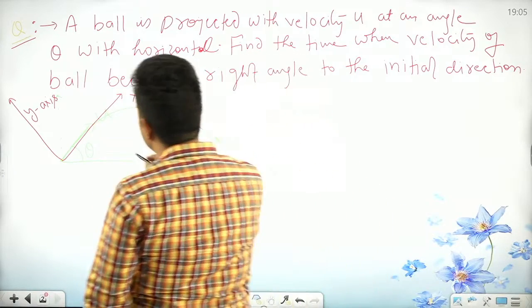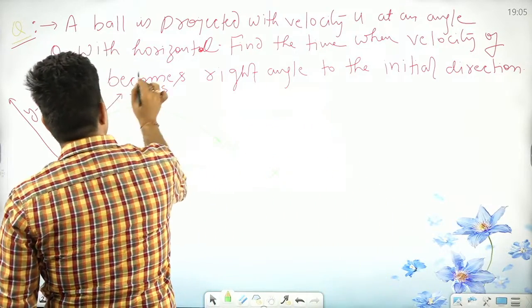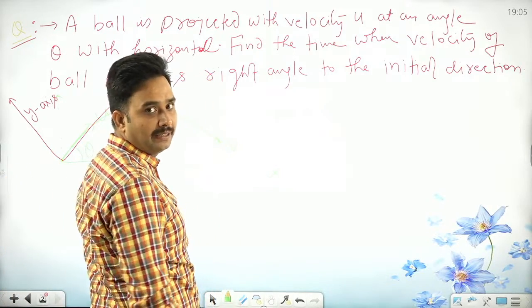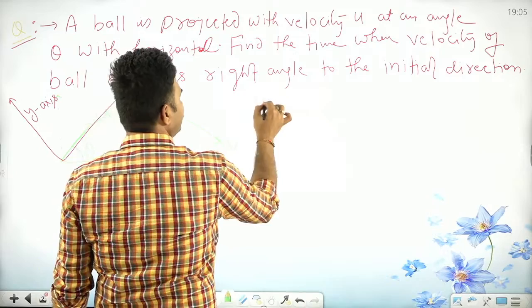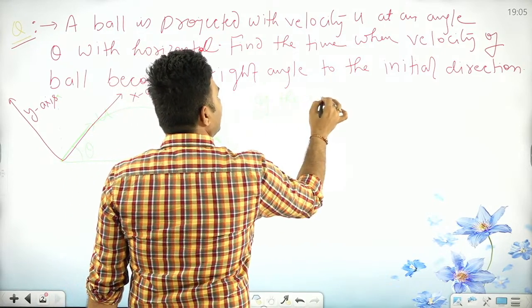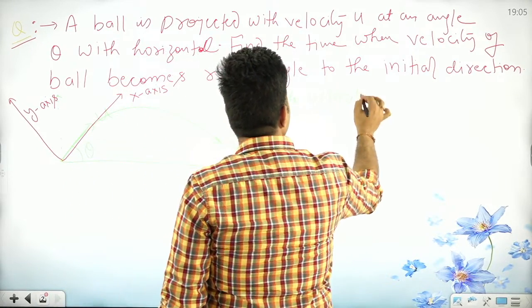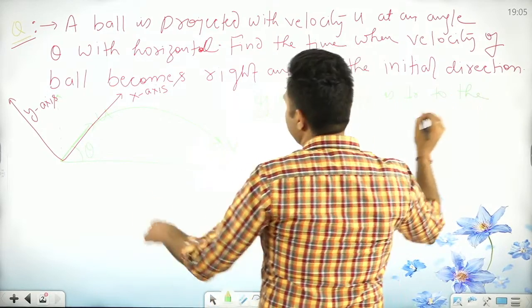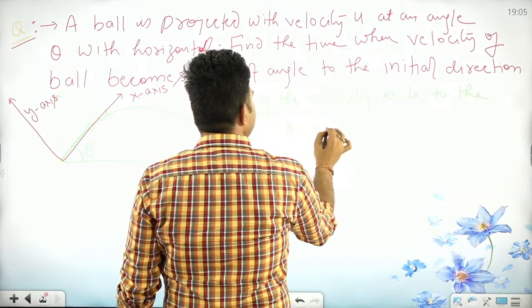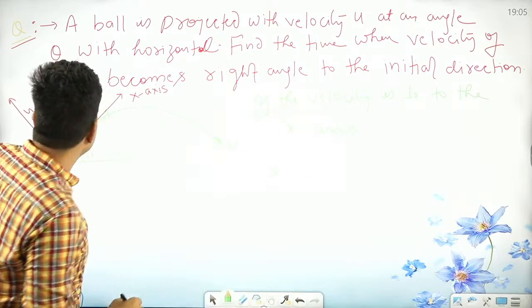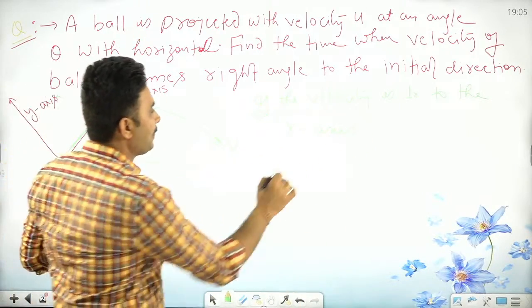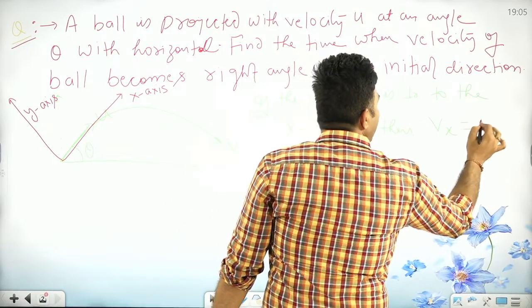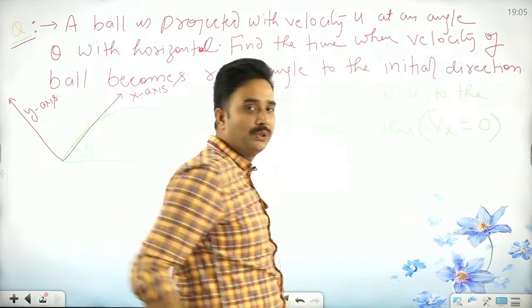Then along x the ball is moving, and when the velocity is perpendicular to the initial direction, that means the x-axis, because I have taken this axis as the x-axis, the velocity in the x direction after time t must be equal to 0.